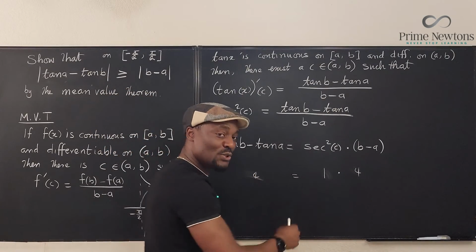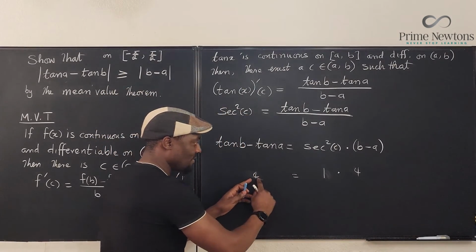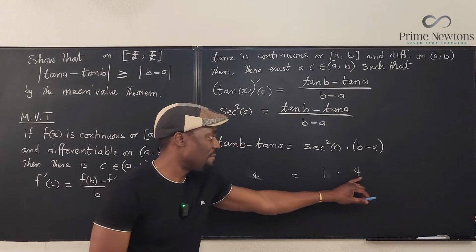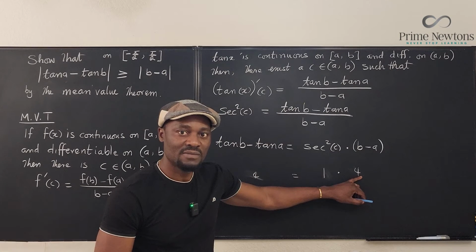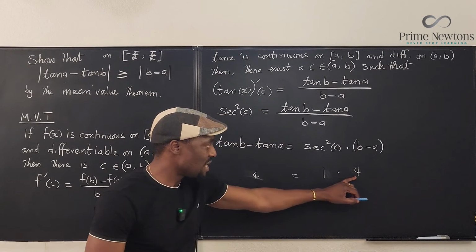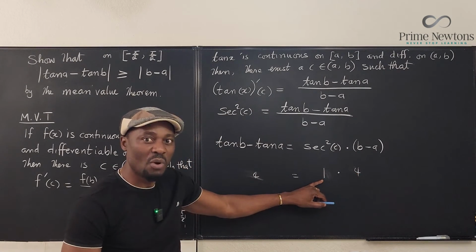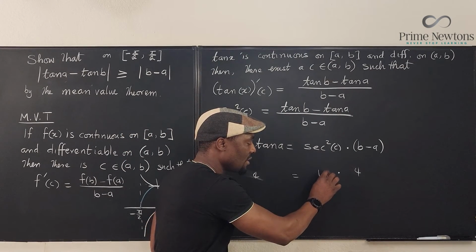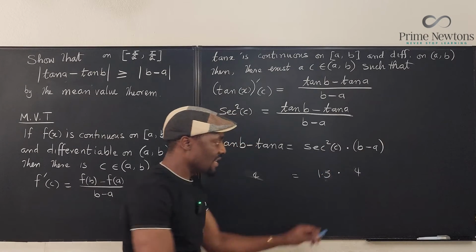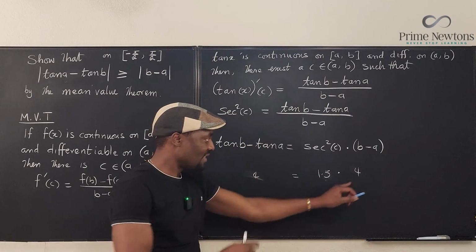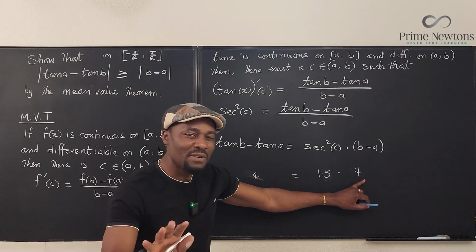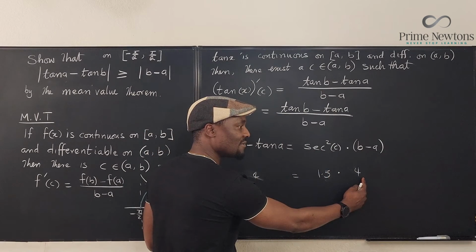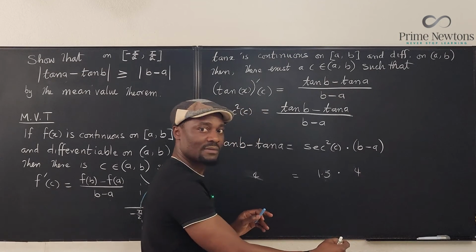So the conclusion you're drawing here is, if this is 4 and at any point this is equal to this, 4 is the biggest that this can be. The biggest this can be is 4 when this is at the smallest. If you increase this to 1.5, and this stays at 4, this has to go smaller. So whatever happens, this will always be greater than this if this is positive, right?